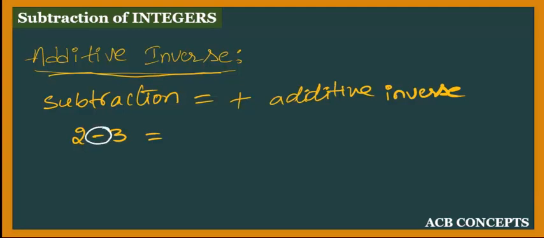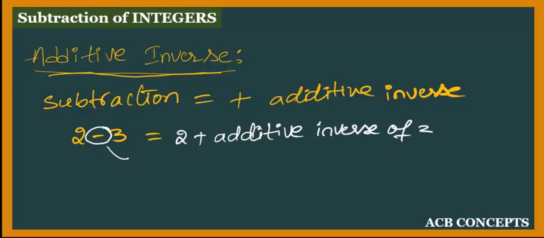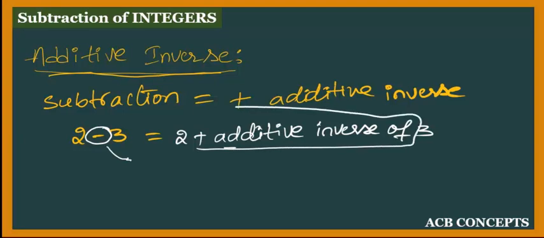This subtraction is nothing but 2 plus, instead of writing subtraction, 2 plus the additive inverse of 3, which is minus 3.